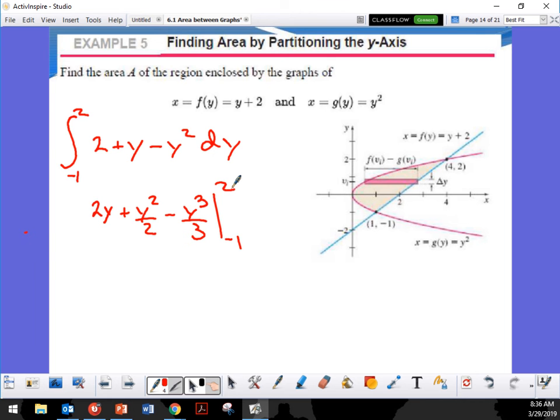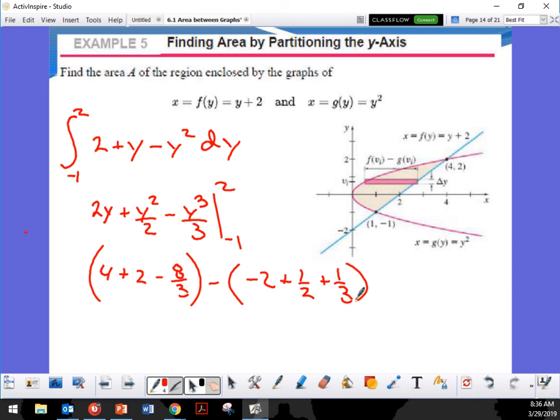Do the math. Let's do the upper bound. So it's going to be 4 plus 2 minus 8 over 3, right? Minus my lower bound, which is -2 plus 1/2 minus 1 plus 1/3. And let's do the math on this one.